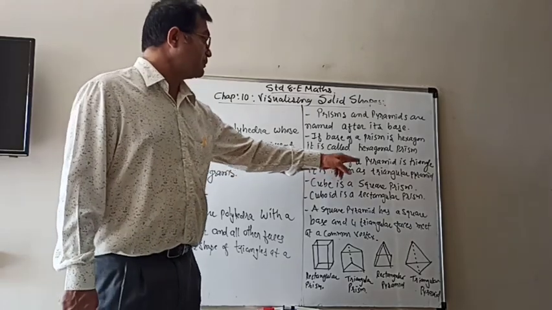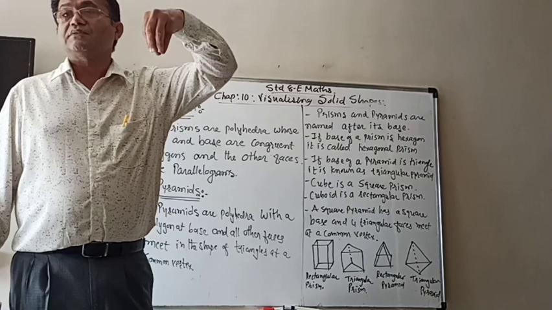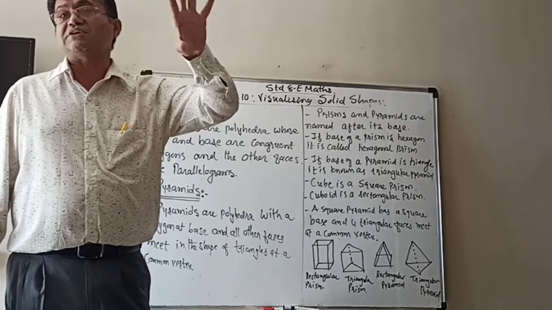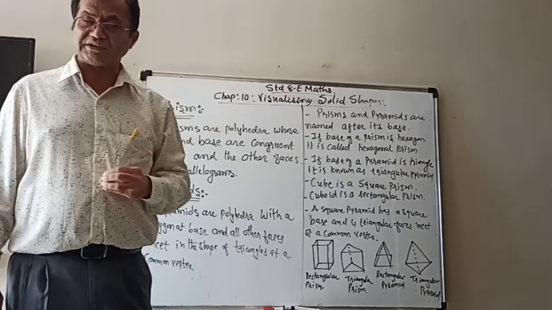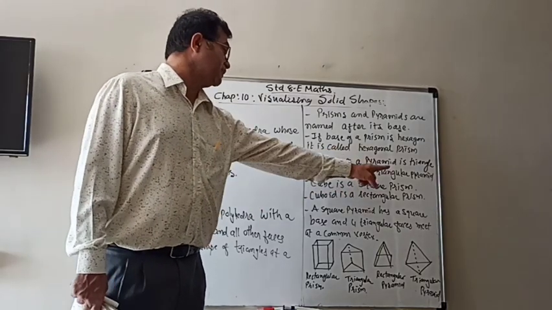Similarly, if the base of a pyramid is a triangle and the other triangular surfaces meet at the vertex, then it is known as a triangular pyramid.